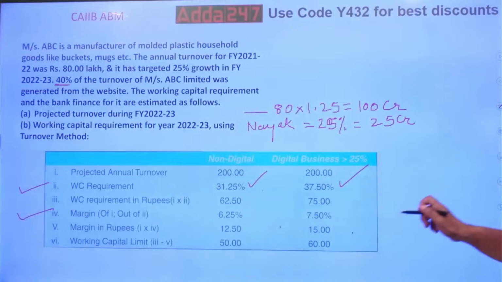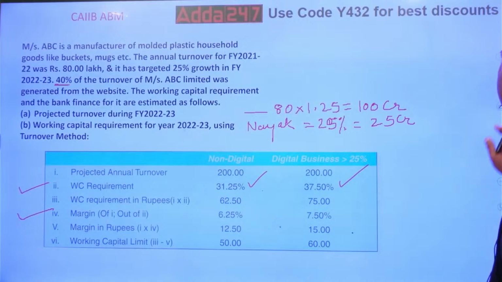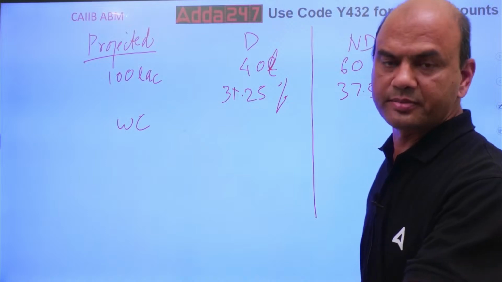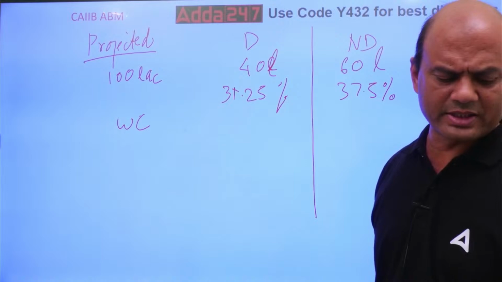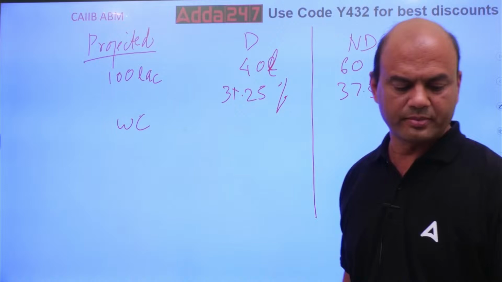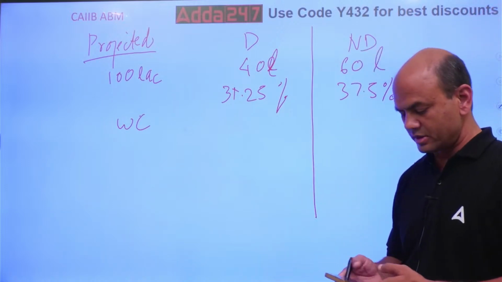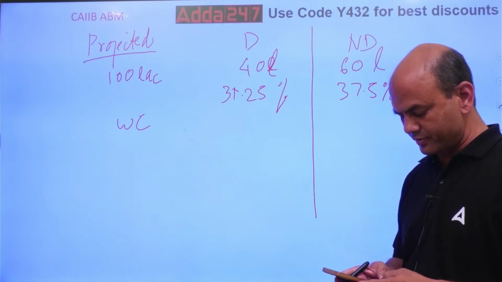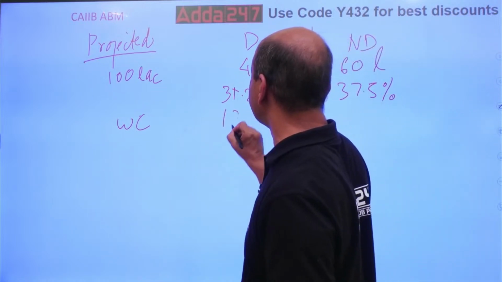Same logic we are following. The WC requirement is 62.5, meaning multiplication of that, then you will take the margin. So 31.25% of 40 lakhs. Let's solve whatever is asked in the exam. So 40 lakhs into 31.25%, which means divided by 100. So 12.5. So WC is 12.5 over here.